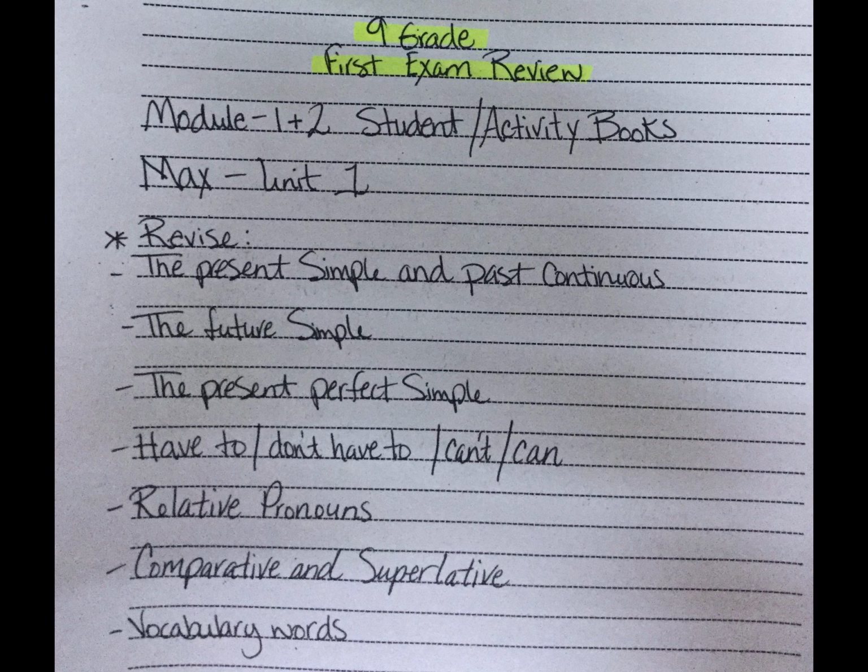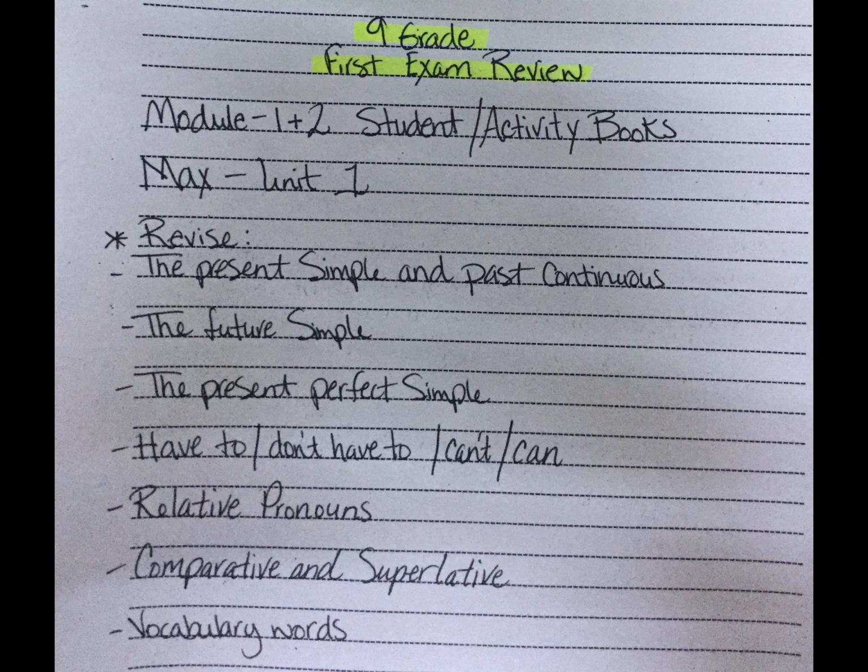And this is what the first exam is going to revolve around, everything that I just reviewed with you. So we have modules 1 and 2 in your student activity book. We have unit 1, and then revise the present simple and the past continuous, the present perfect simple, the future simple. No, I'm not going to bring that on the exam.